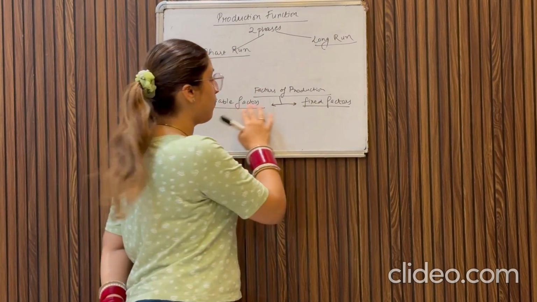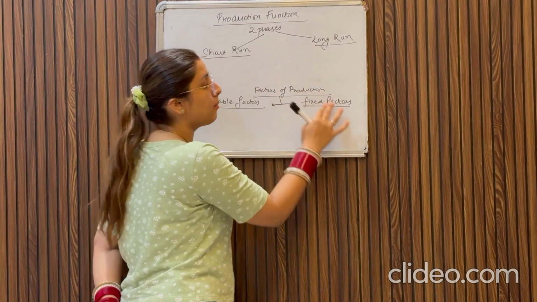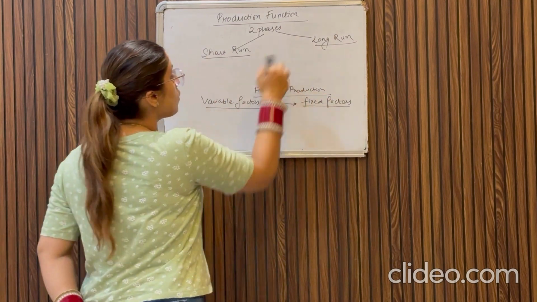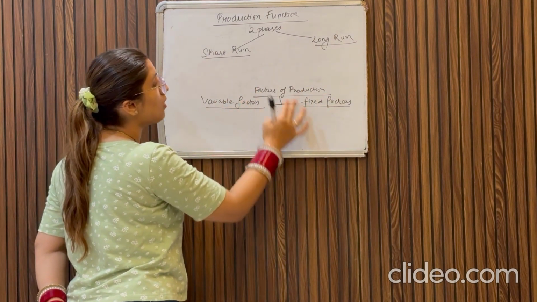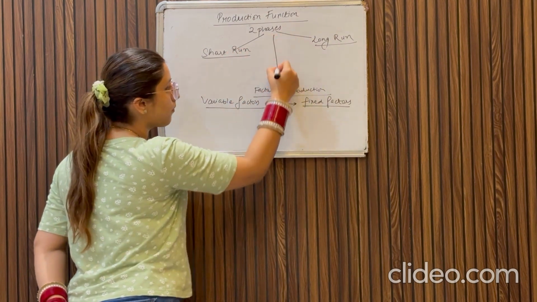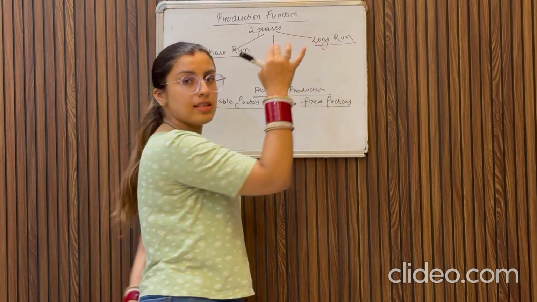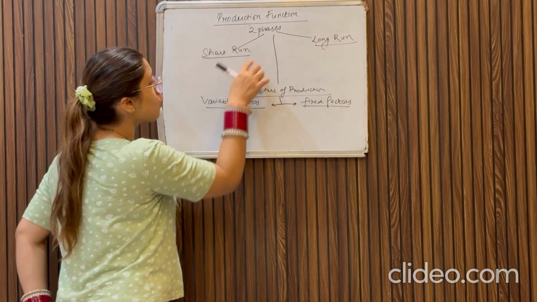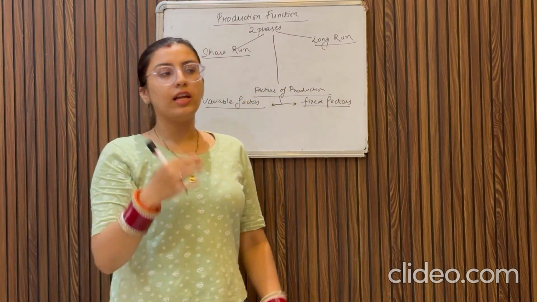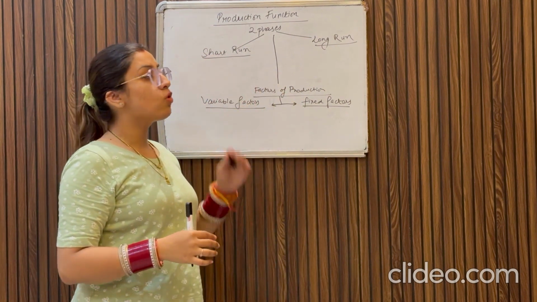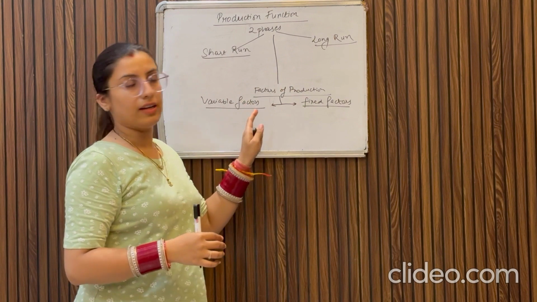Some factors are variable and some factors are fixed. So based on this classification, there are two phases. One is short run and one is long run. In short run, this is the period in which the output can be changed only by changing the variable factors.